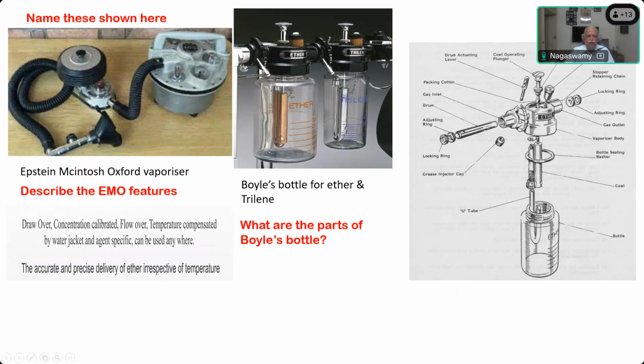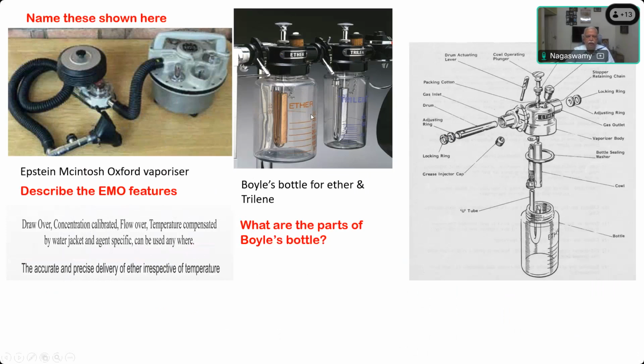If you don't have that, the output of the vapor from the vaporizers is likely to vary, and that is the reason why we use a calibrated fixed concentration delivery in this, and this is more accurate and precise. So this was a later development compared to this bottle.